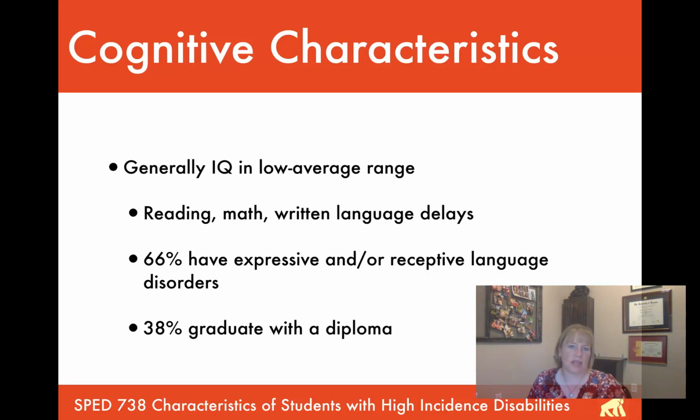The other interesting fact that I really found in the text, and I wanted to point you to, was this idea of a language disorder, and that 66% of students with EBD have an expressive and/or receptive language disorder.